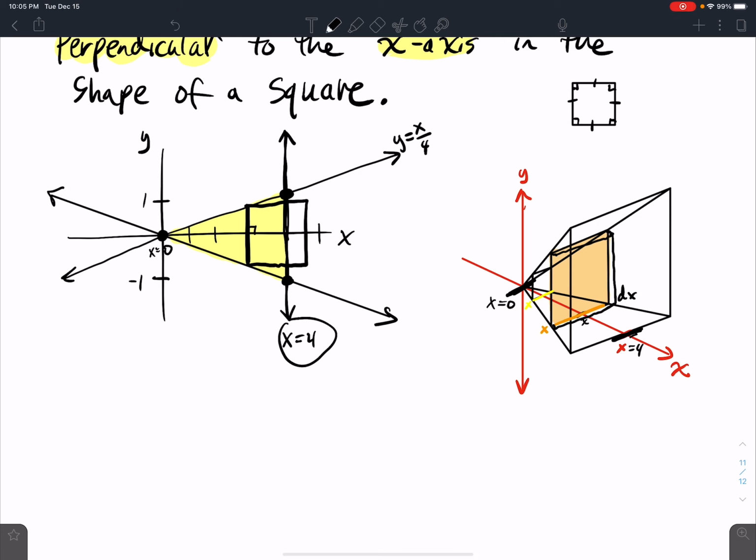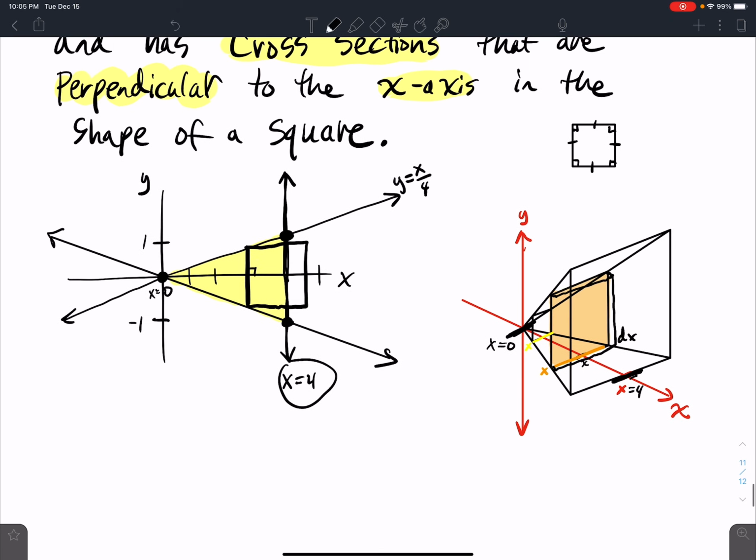Okay? So the formula says to do what? It says that the volume is equal to the integral from a to b of A(x) dx.